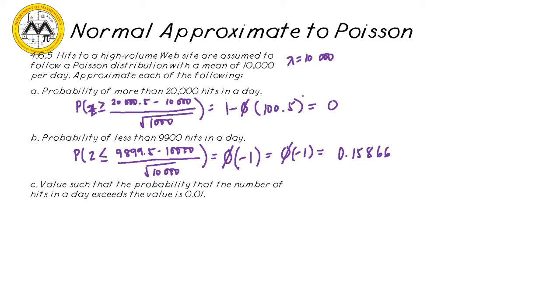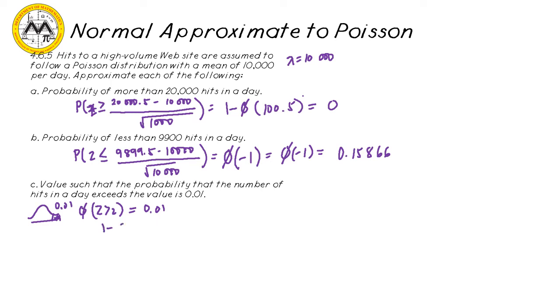Find the value such that the probability that the number of hits exceeds it is 0.01. So the probability that the number of hits in a day exceeds a value is 0.01. So P of Z greater than z is equal to 0.01. So the area to the right is 0.01.